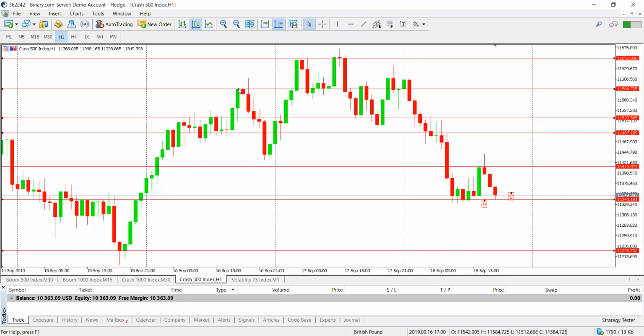You always use previous price to gauge the future price. So in this case here, we have pin bars. Today I want us to focus on the pin bars as our signals for entry.